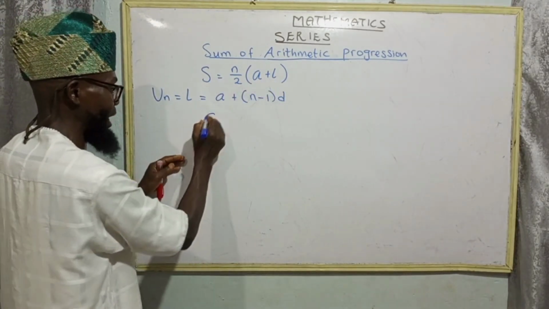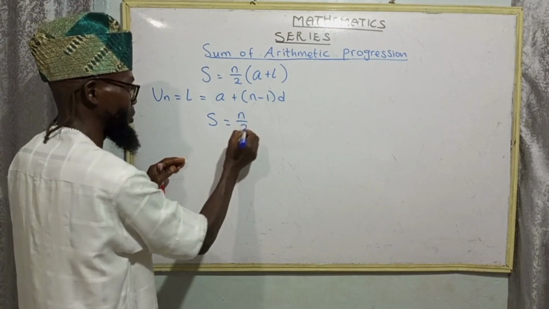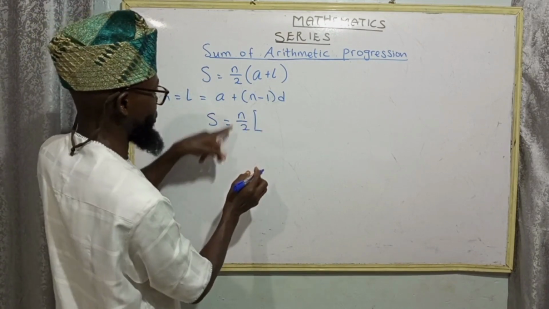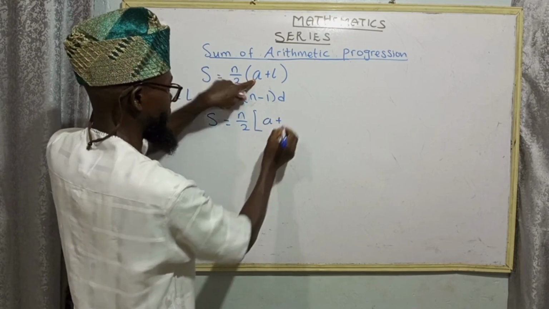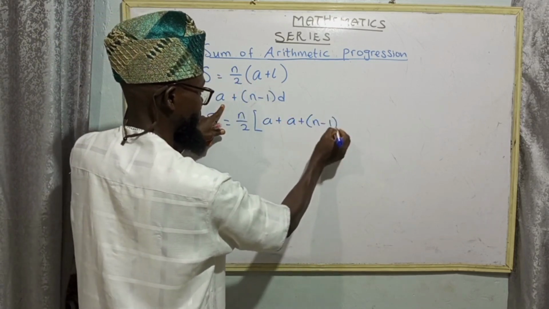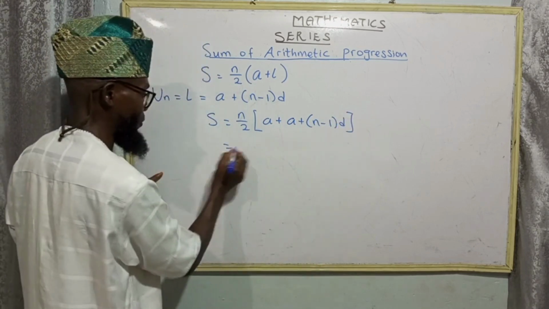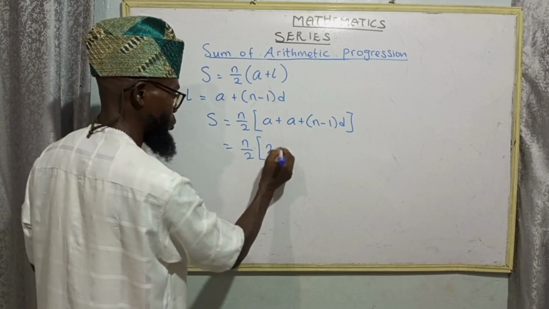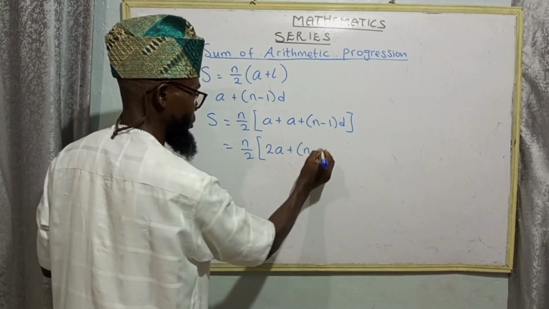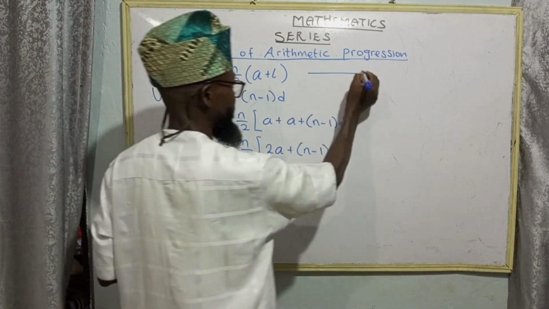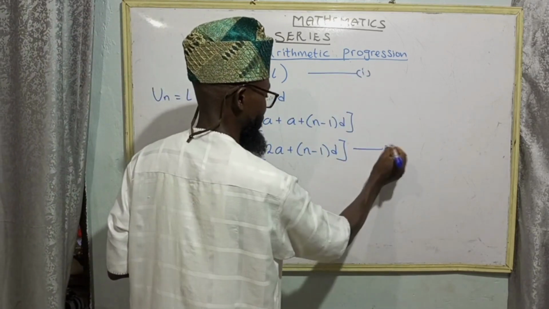So anywhere I find L, I'm going to put in this value. Here I have S equals n over 2, then open brackets: A plus my last term, which is A plus bracket n minus 1 close bracket D. So we have n over 2, open bracket, 2A plus bracket n minus 1 close bracket D. So this is the sum. If the first is our equation 1, this is going to be our equation 2.